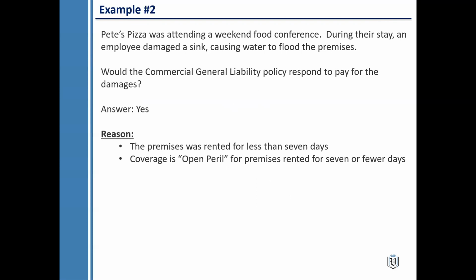So when you're looking at damage to rented premises, let's say that the shared kitchen is in a multi-use industrial space or mall or whatever it is. You've got multiple tenants there.